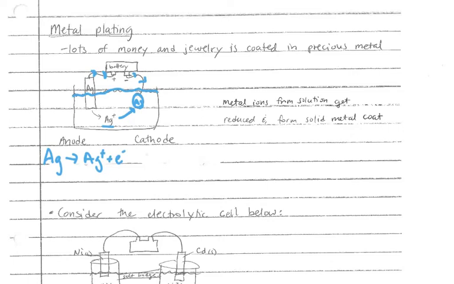And at the cathode, we have some metal that's there, and what's happening is the silver ions from the solution are being reduced. Reduction is gain of electrons, so it's gaining an electron and becoming silver solid on top of that metal. So it's a really common procedure that's used to plate different types of non-precious metals with things like silver or gold, precious metals.